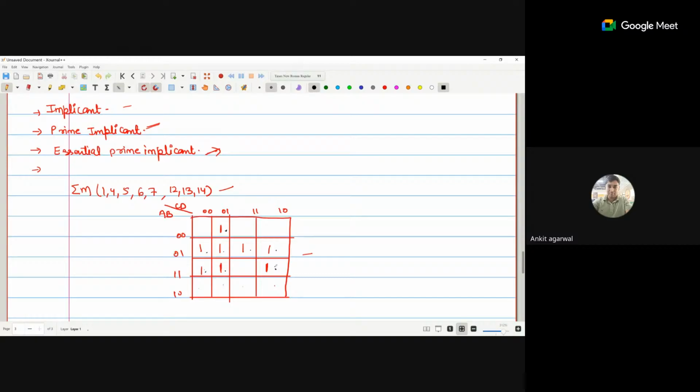Total 8 terms are there. Every individual term is called an implicant.